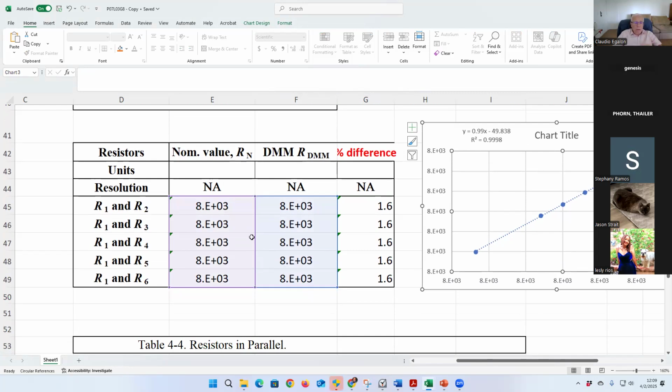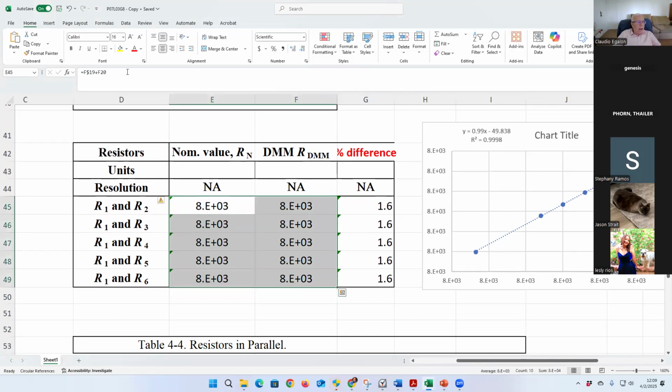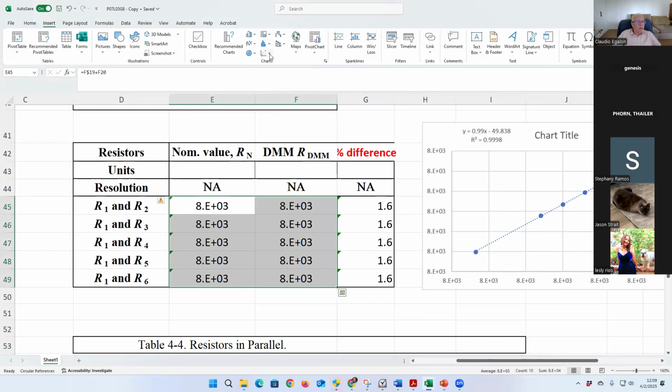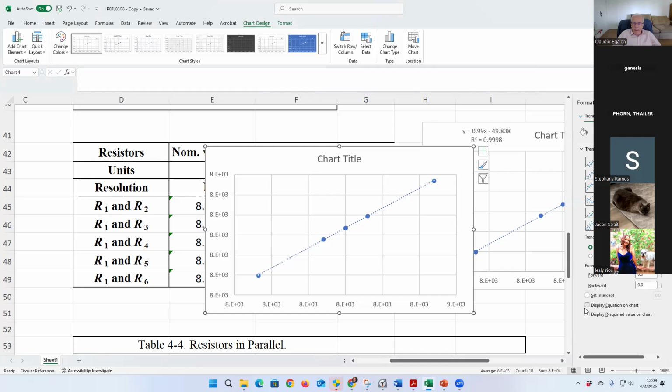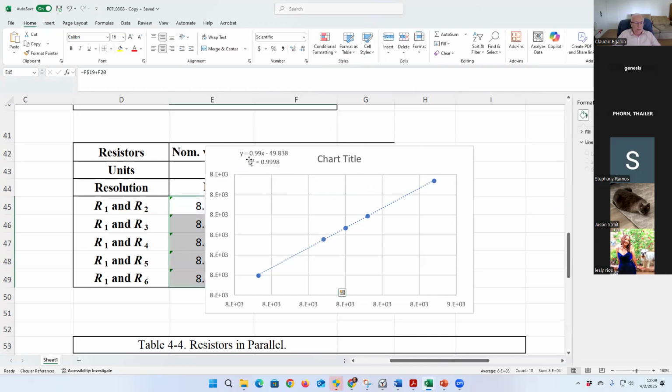Let's plot it again, and I'll insert a trend line. Unfortunately, the intercept doesn't coincide with R1. But you don't have to worry about that. We have to worry about just the slope. The slope, we get a good value.